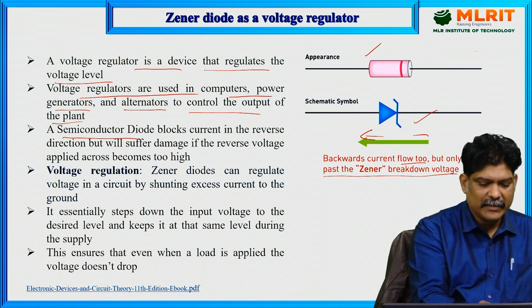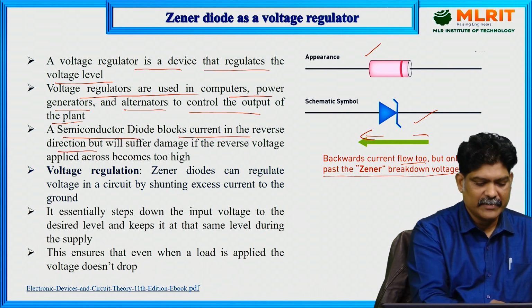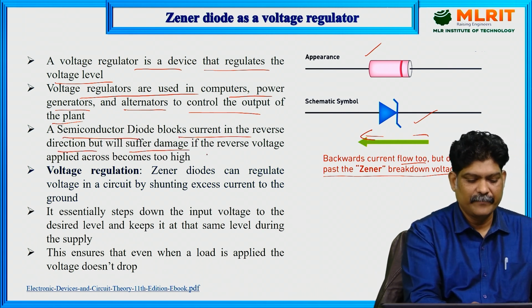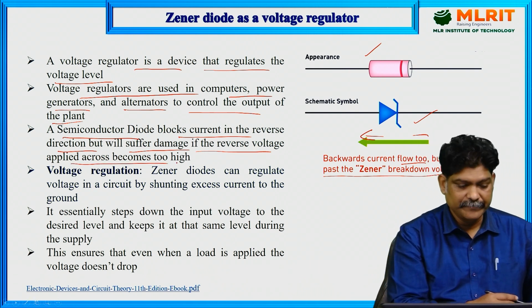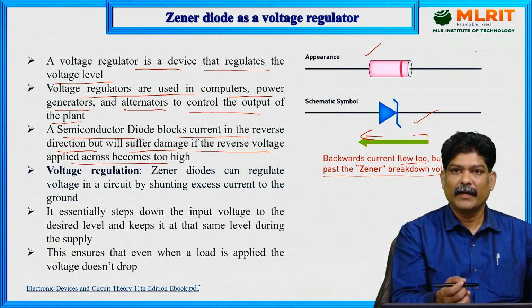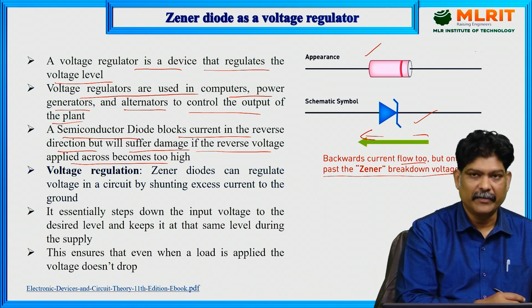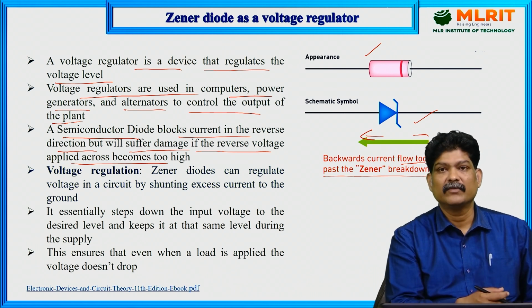A semiconductor diode blocks current in the reverse direction, but will suffer damage if the reverse voltage applied across it becomes too high. So that is the advantage of this Zener diode. How can a Zener diode act as a voltage regulator?